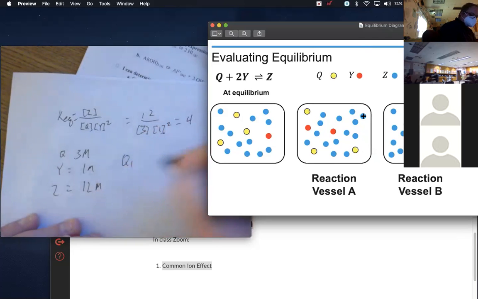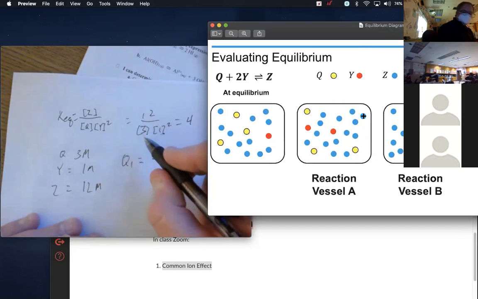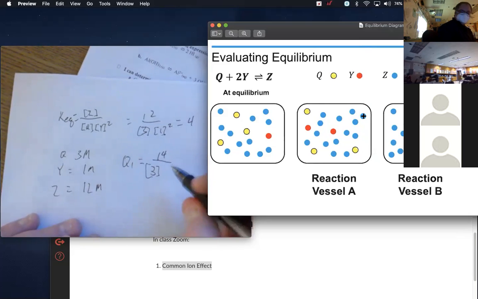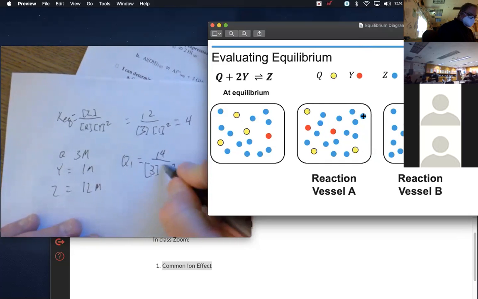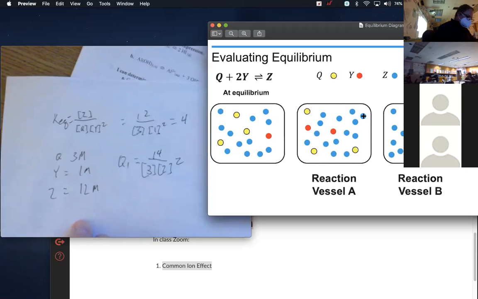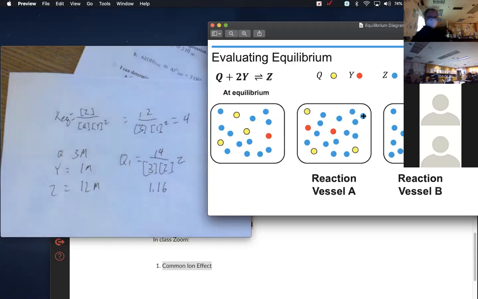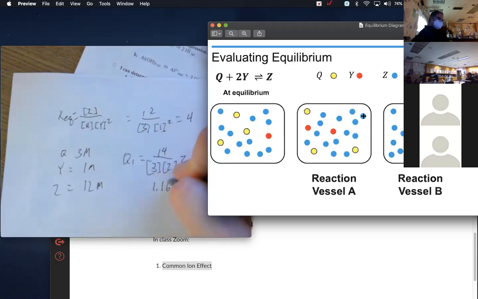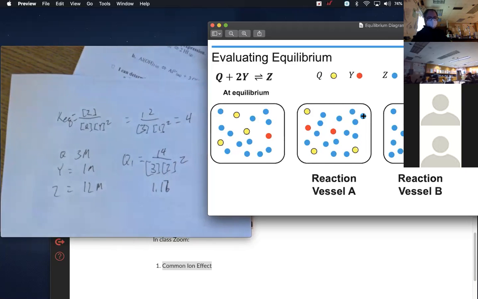So we'll just call this Q sub A. 14, 3, and 2. All right? 14 divided by 3 divided by 4. It's about 1.1666. So we get 1.16 or 1.17 for the Q for reaction vessel A.